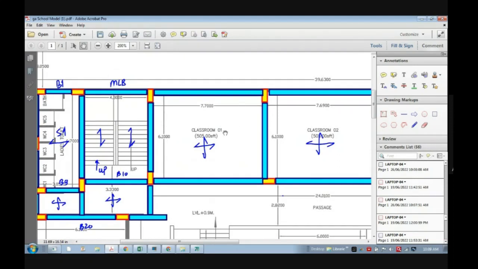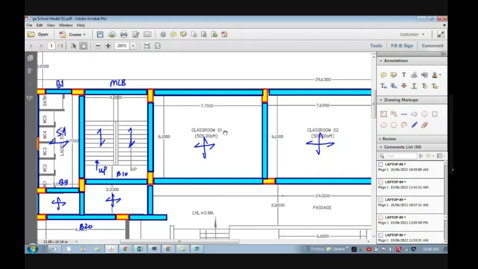In general, spans of 3 meter, 4 meter are comfortable as far as serviceability is concerned, and as far as overall cost effectiveness is concerned. So in this case, first, as a structural engineer, you should try to keep the span of slab as minimum as possible. Minimum means optimum, I mean to say.